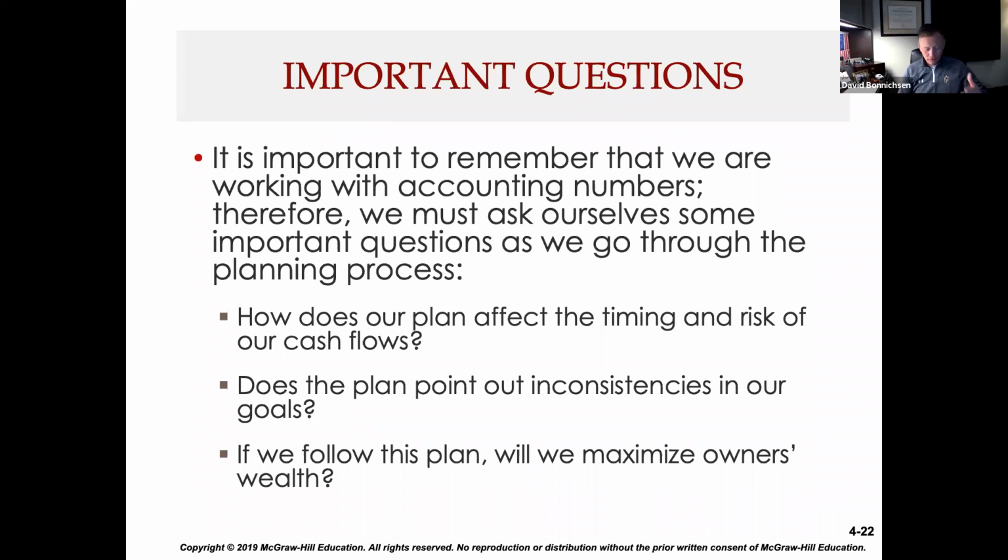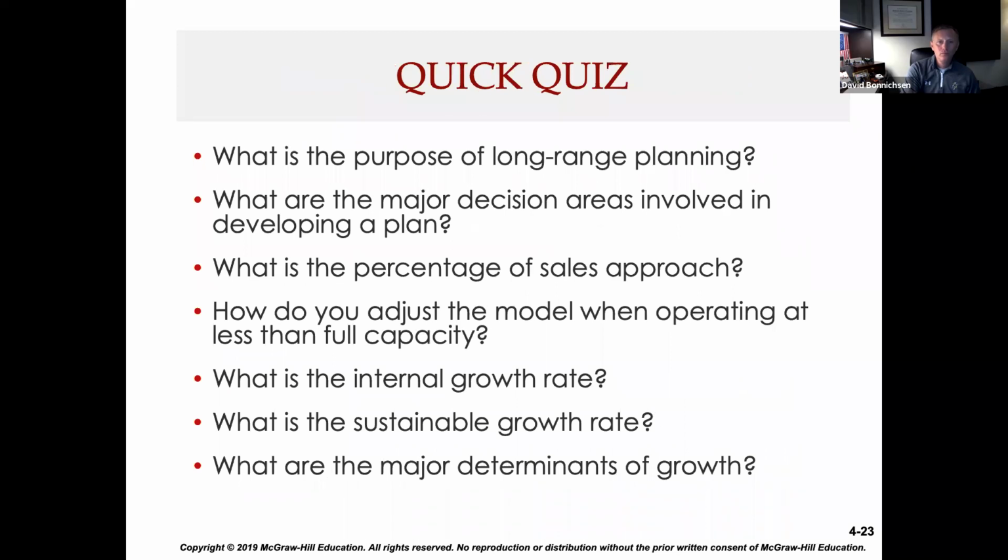Again, from the second lecture that we had, that is first and foremost what needs to be in the forefront of the financial manager's mind. Are the decisions that I am making maximizing owner wealth? If they are, great. If they're not, then you need to pivot and rethink and rework the forecast. Plain and simple.